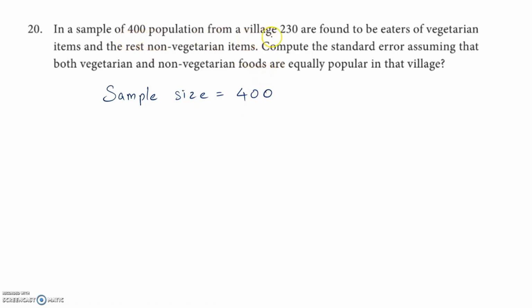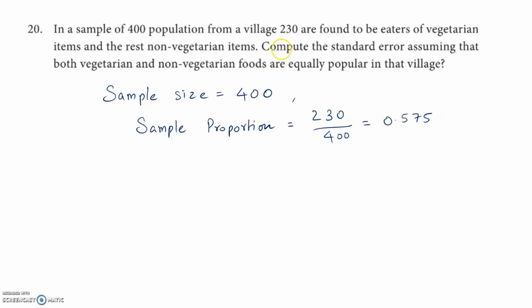And 230 are vegetarians. So our sample proportion is equal to 230 by 400, and that's equal to 0.575.